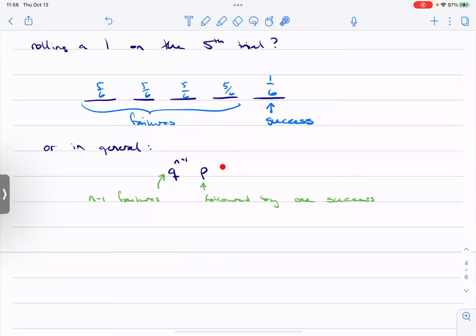Technically, it's to the power of 1 here.